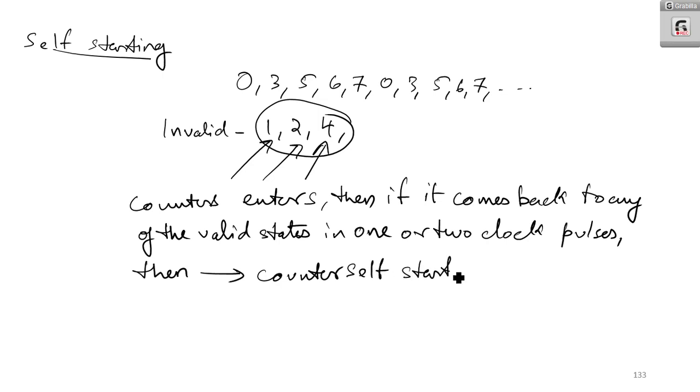So here 1, 2, 4 are the invalid states, and 0, 3, 5, 6, 7 are valid states.